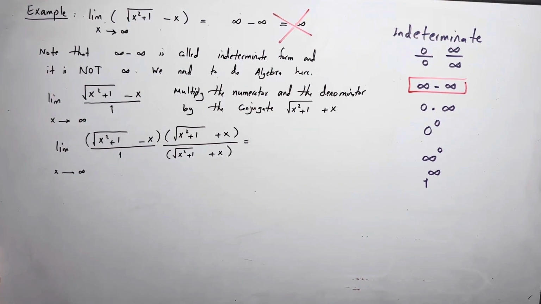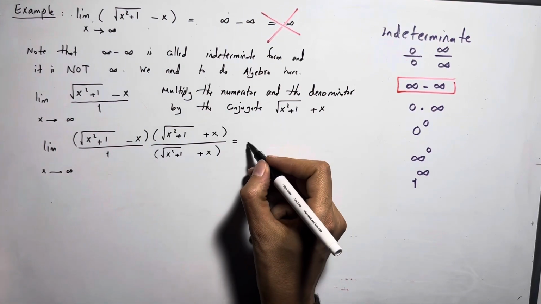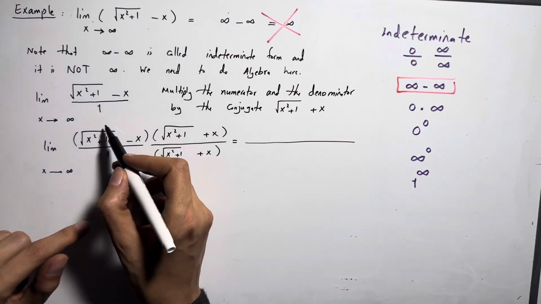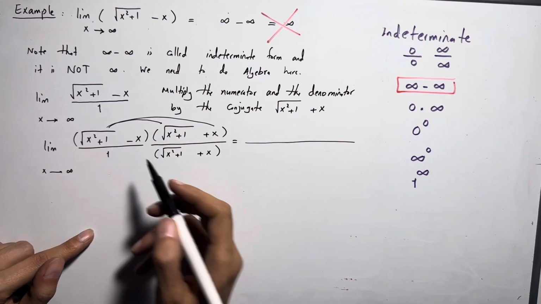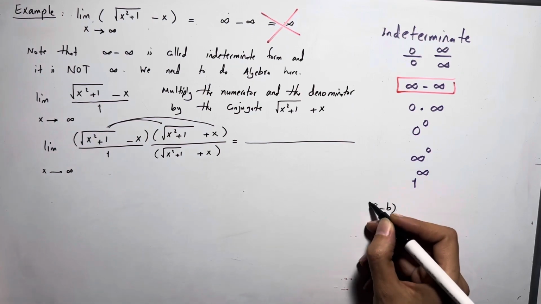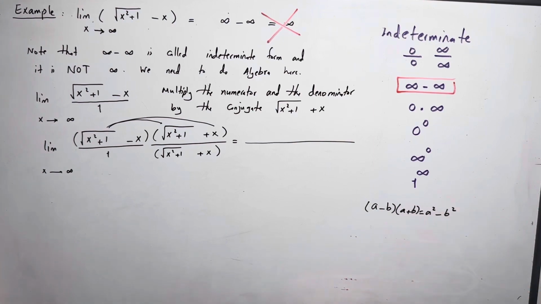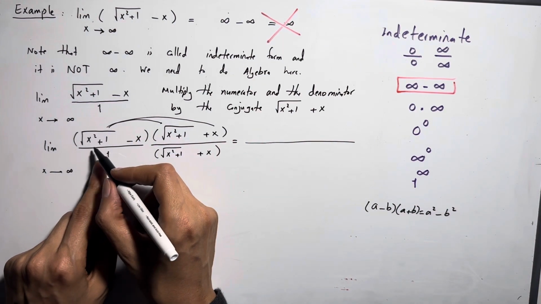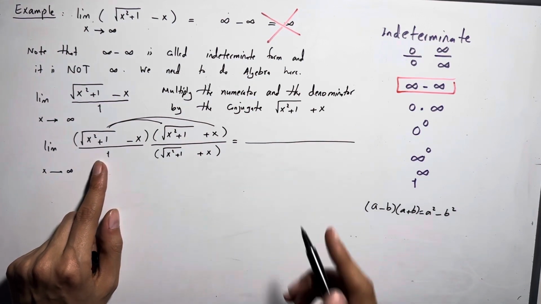So for your numerator, it's not that difficult. You're going to do a little bit of distribution here, right? Or you can basically say that, hey, I'm multiplying the same quantity, a minus b times a plus b, which is a squared minus b squared, or you can just do distribution. Square root of x squared plus 1 times square root of x squared plus 1 is equal to x squared plus 1.